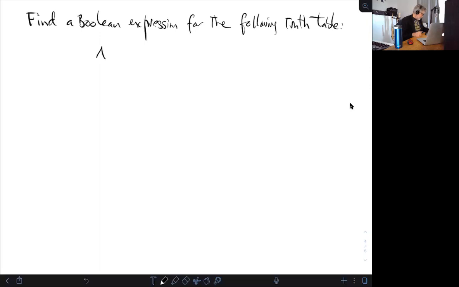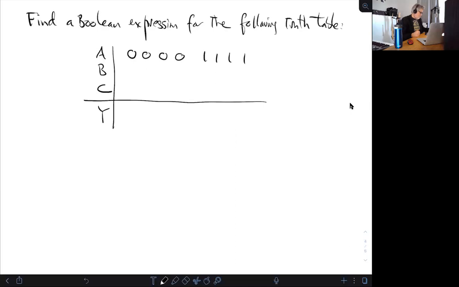So it has 3 inputs, 1 output. 3 inputs means 2 to the power 3, which is 8 different possibilities for the truth values. Let's do it with the special sequences. So again, that's 8. Half of them are zeros, half of them are ones.